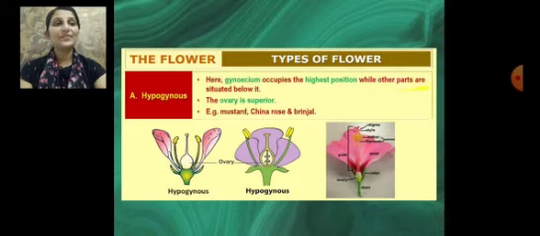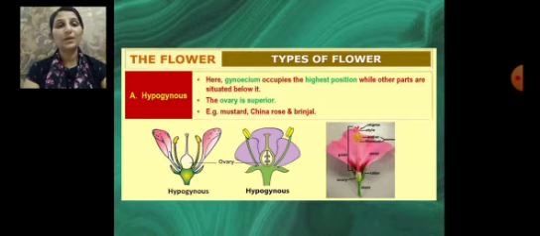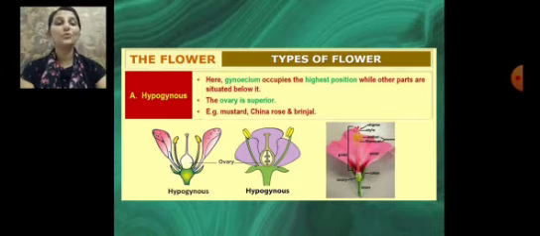And the other floral parts, that is the calyx, the corolla, and the androecium, are situated below it. When the ovary or the gynoecium occupies the superior position and the rest of the floral parts arise from below the ovary, the flower is said to be hypogynous. And a hypogynous flower is seen in mustard, China rose. China rose is nothing but a hibiscus flower, and brinjal.